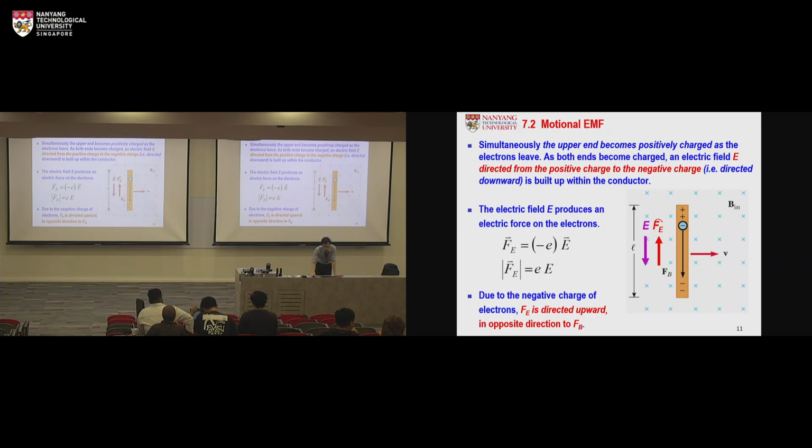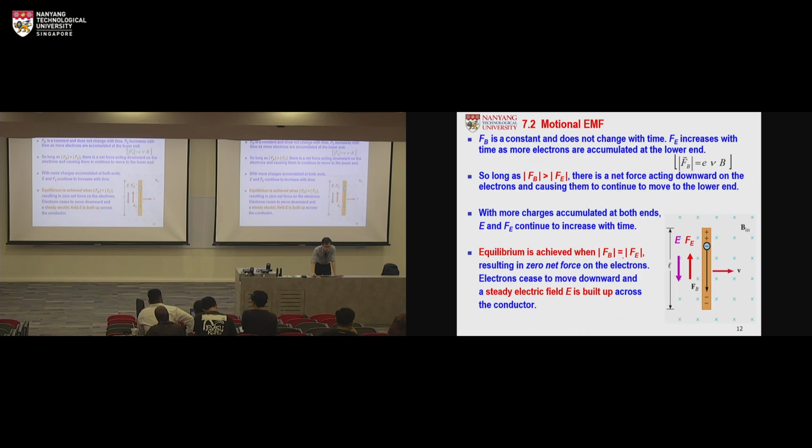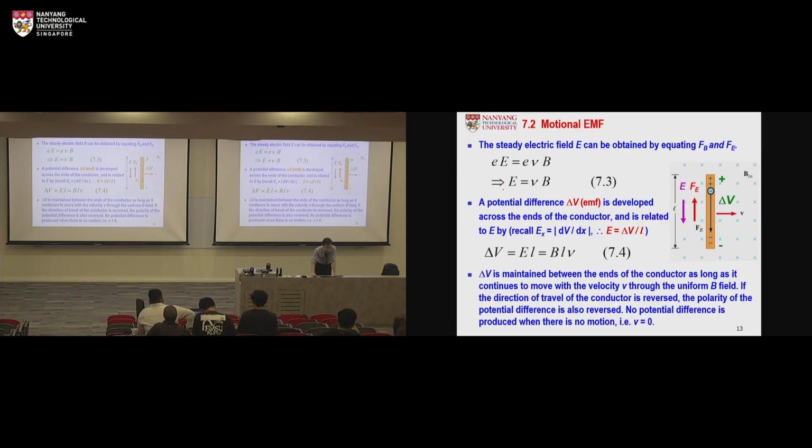There will be an Fe pointing up, given by this, and at the equilibrium state, this is the condition, Fe equals Fb, and you will find this is going to be the relation between E and B. And we can further write this E in terms of the potential difference, that is delta V, right?